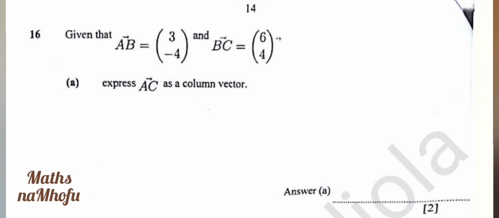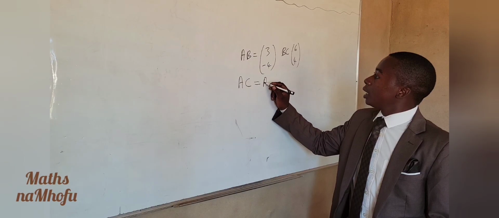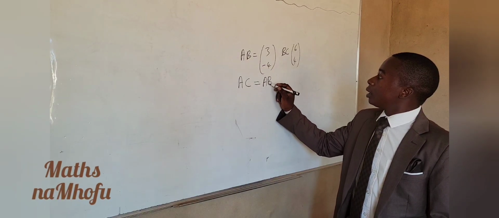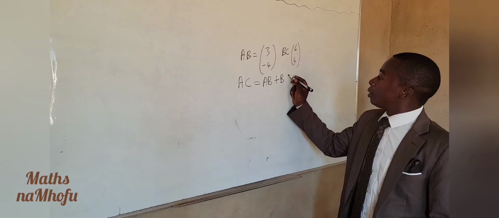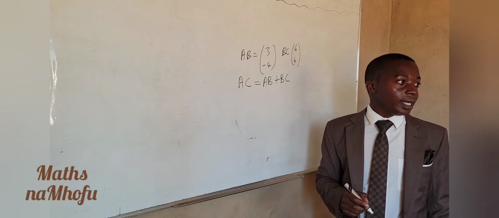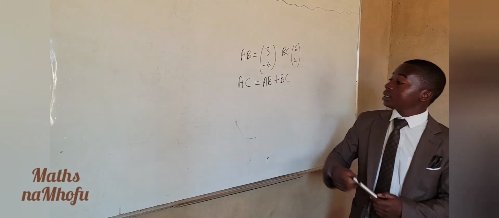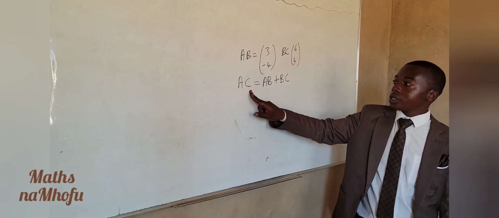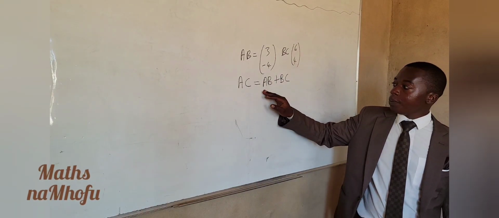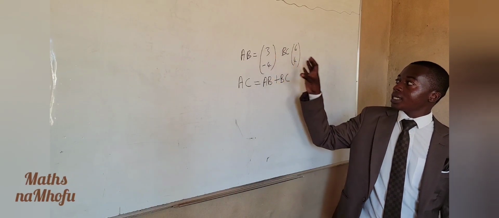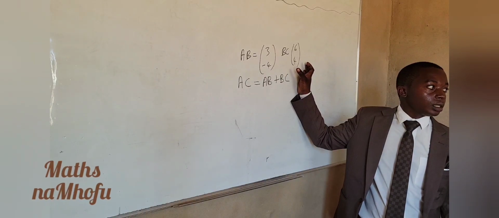Are we together? For us to find AC, we say AB plus BC. Right? That's how we find AC. So we just add this and that.